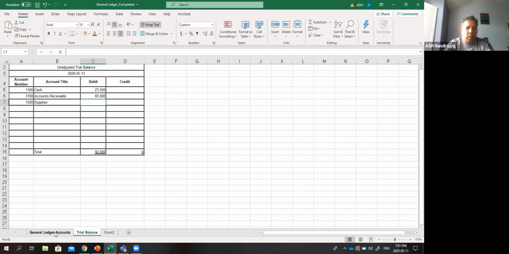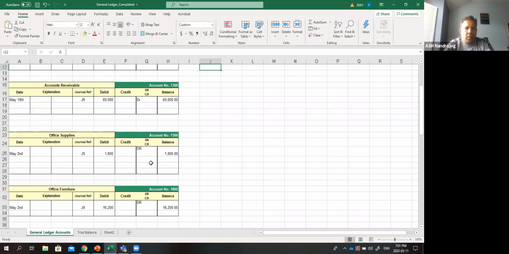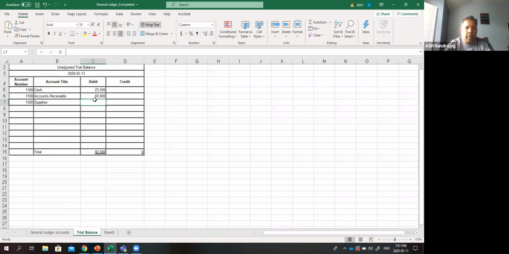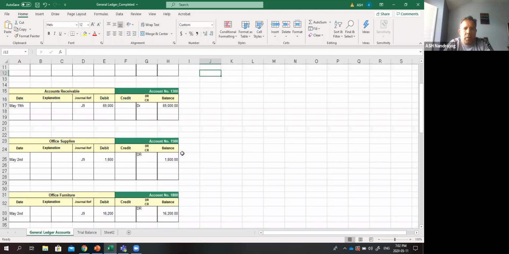The balance for the office supplies is 1800. Okay, so we noticed a problem here. The accounts receivable account number is 1300, so I'm going to fix that. Okay, so that's the accounts receivable account number.